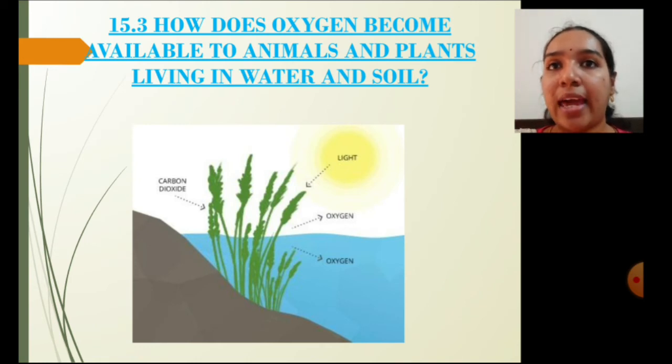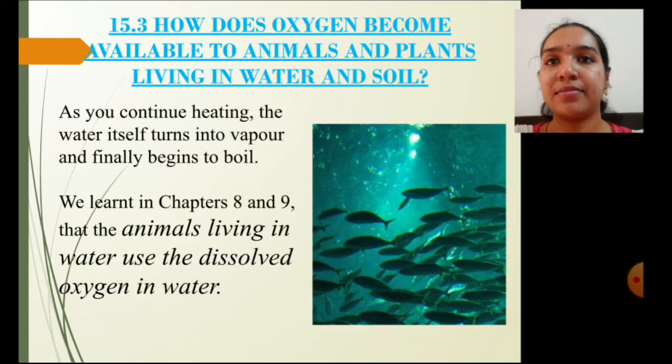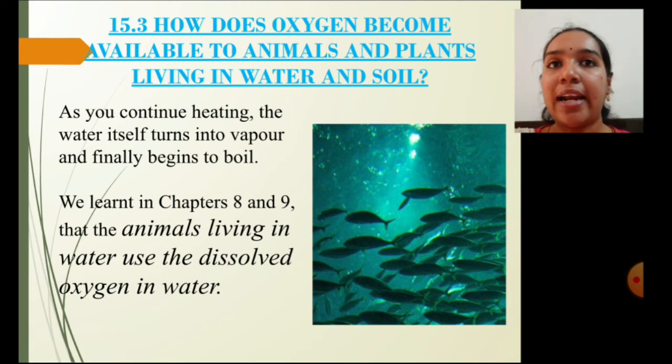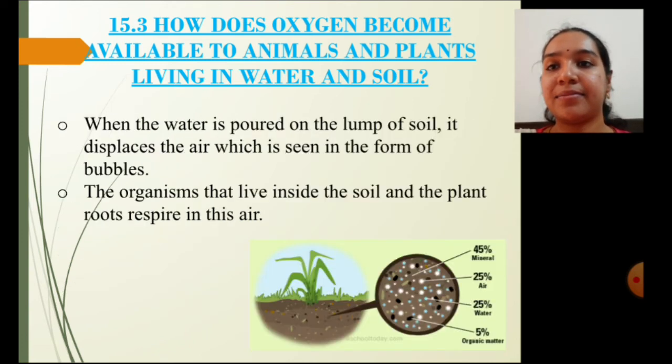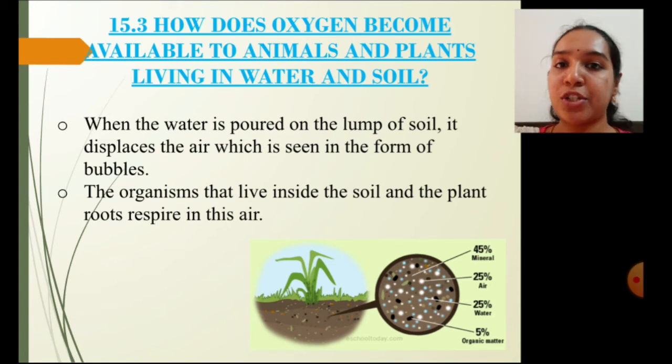Next, see how air is available for animals and plants in soil and water. In water, it is available in the form of dissolved oxygen, which is the source of oxygen for aquatic animals. In soil, it is available between the spaces of porous soil or in lumps of soil, making up a total of 25% of the soil constituents.